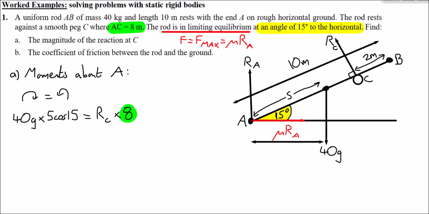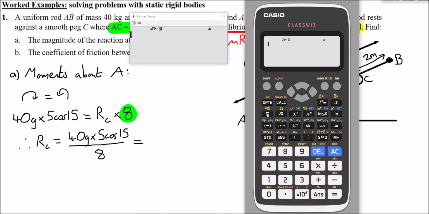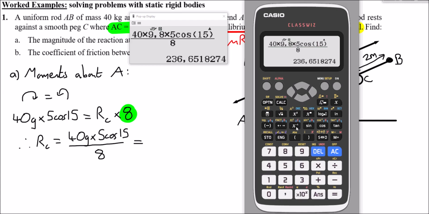So if we just rearrange this now, we can see that R_C is 40g times 5 cosine 15 divided by 8. Let's see what we get. So 40 multiplied by 9.8 multiplied by 5 cosine 15 divided by 8. That gives us approximately 237 newtons to 3 significant figures.